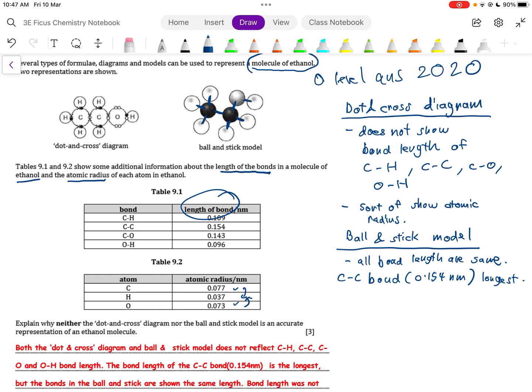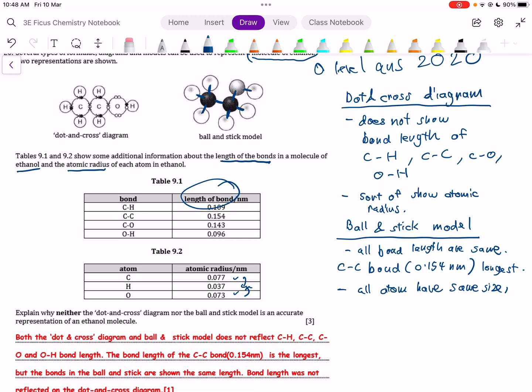And then for atomic radius, actually also the same issue. All atoms have the same size, when in fact your carbon atom is 0.077 nanometers, and your oxygen atom is 0.073 nanometers.